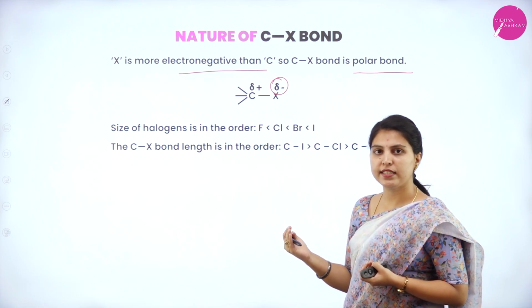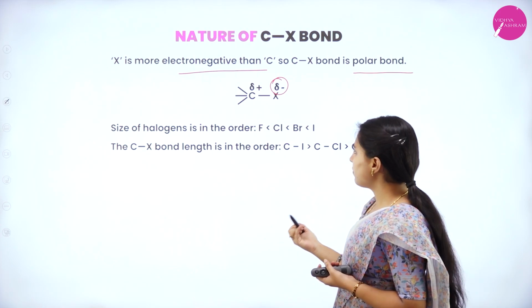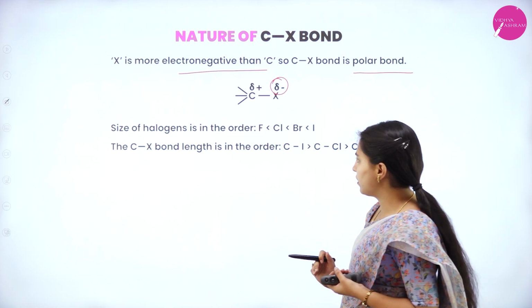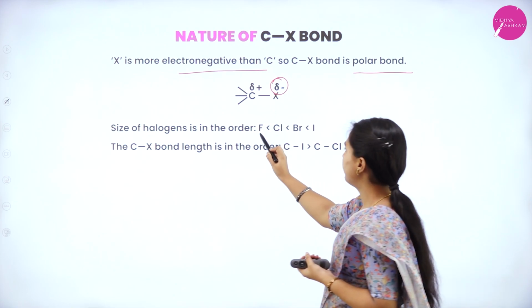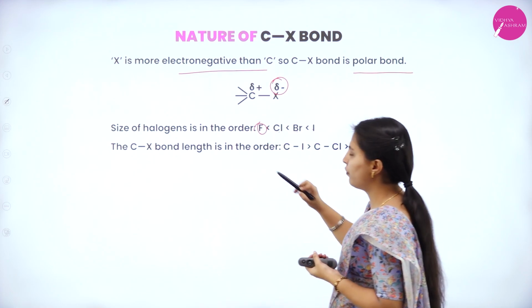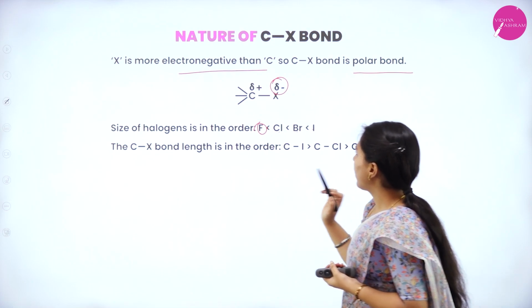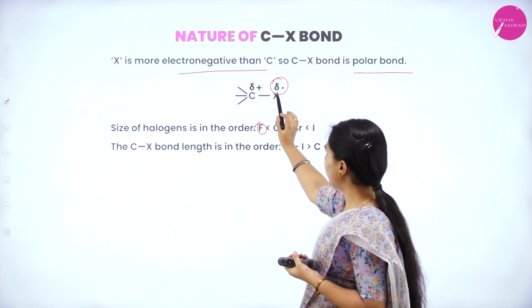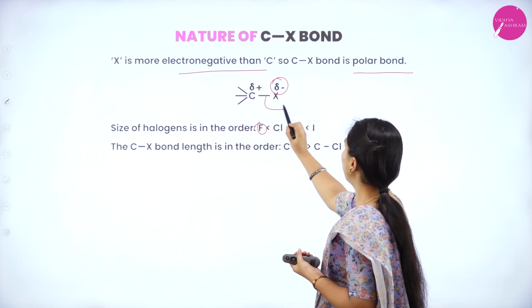Down the group, size increases, and when size increases, electronegativity decreases. Bond length keeps increasing, but electronegativity is highest in fluorine. Fluorine is the most electronegative element, we know that. But compared between carbon and halogen, halogen is more electronegative than carbon. That's why that bond is a polar bond.